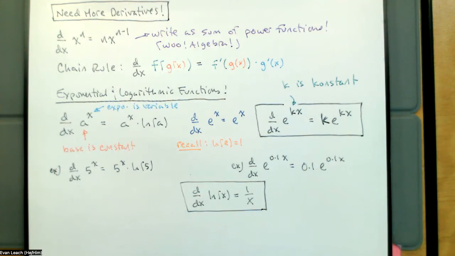Exponential functions are for exponential growth and decay, and exponential growth happens when the rate of change of the population or the function is proportional to the size of the population itself. So that one is as expected for our understanding of exponential functions. This is kind of crazy. The derivative of natural log of x is 1 over x. You go from the transcendental function, take the derivative, and land on a rational function.